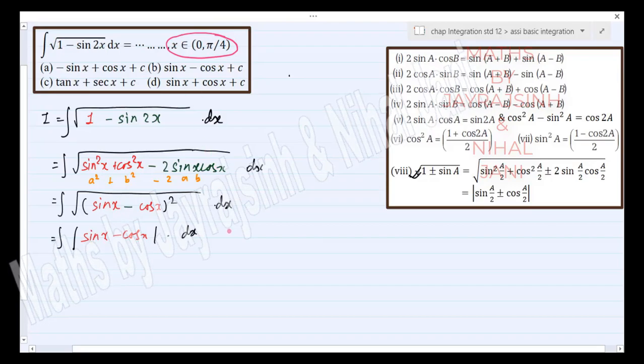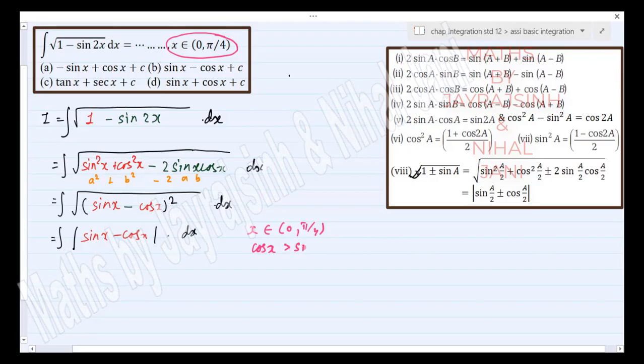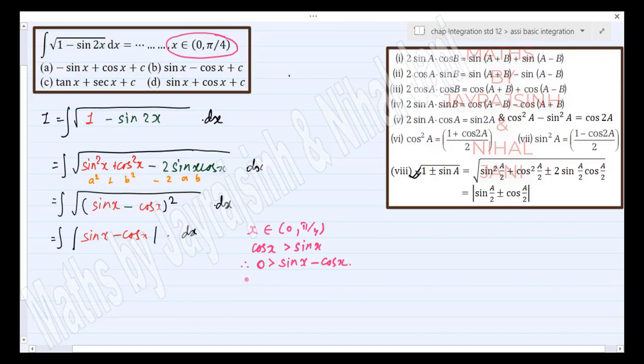Be careful whenever you have this kind of a situation. Here we have x belongs to 0 to pi by 4, and during this interval our cos x is greater than sin x. So we can say 0 will be greater than sin x minus cos x.